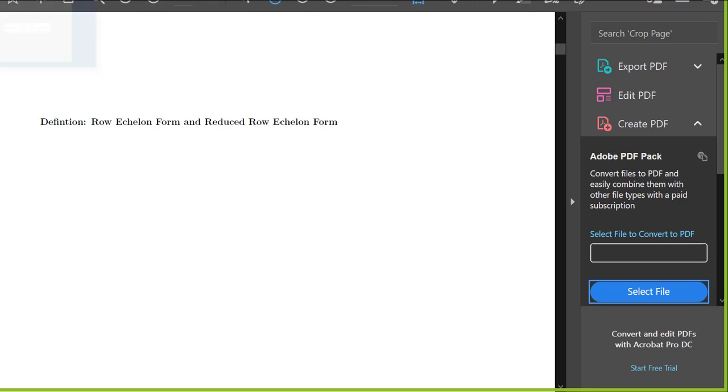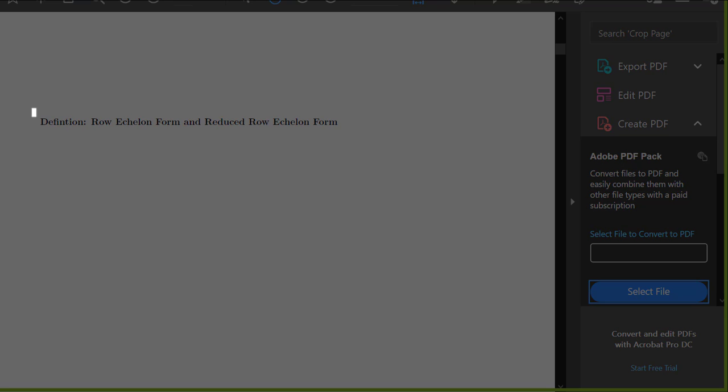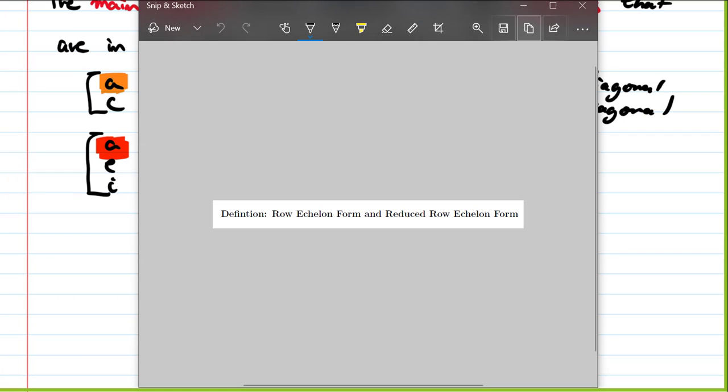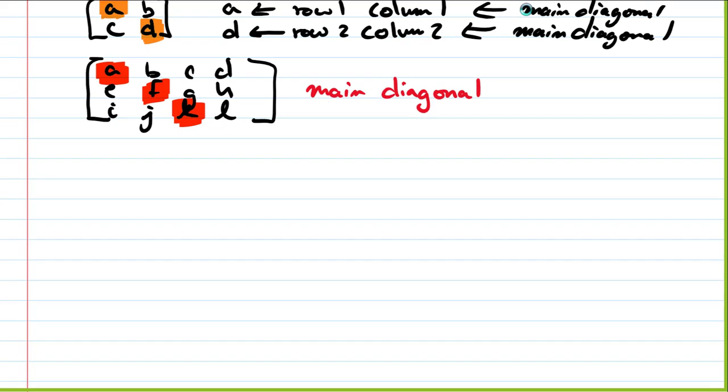So now we want to talk about row echelon form and reduced row echelon form.